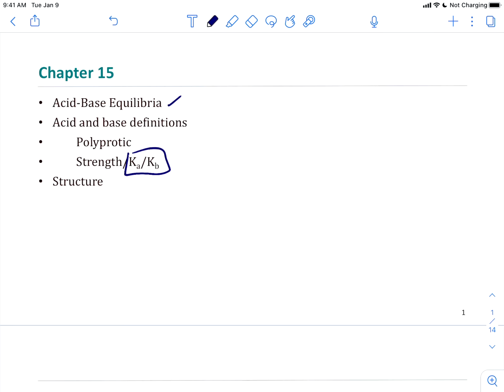So the first thing I want to talk to you about is the Arrhenius definition of acids and bases. With the Arrhenius definition, an acid basically produces the hydronium ion, H3O positive, okay? And a base produces OH negative, okay?